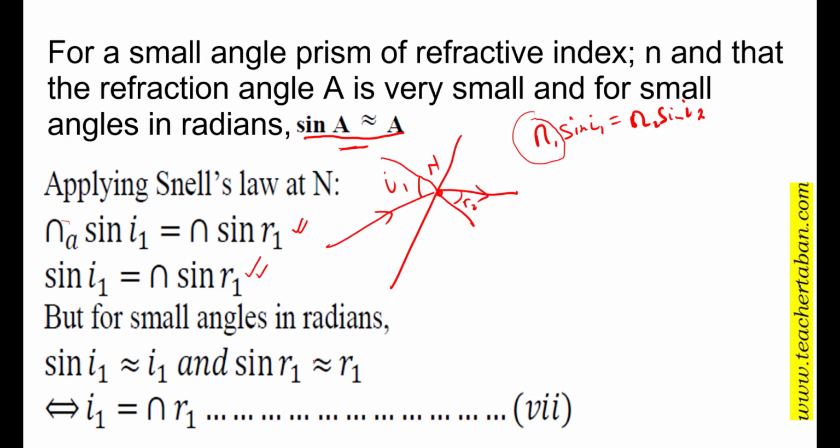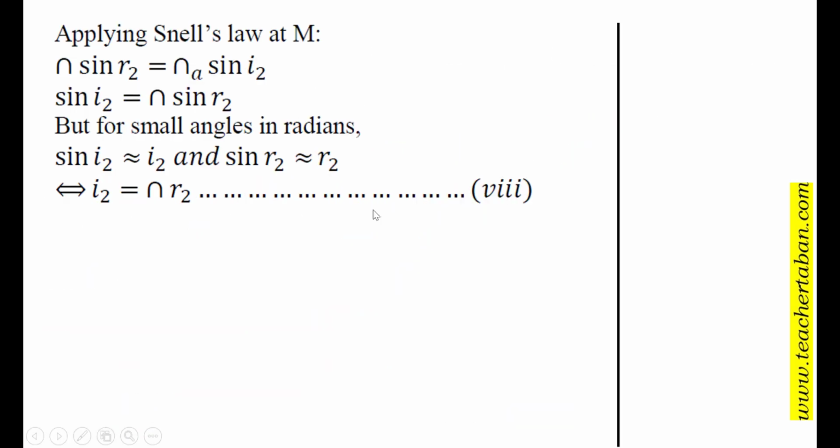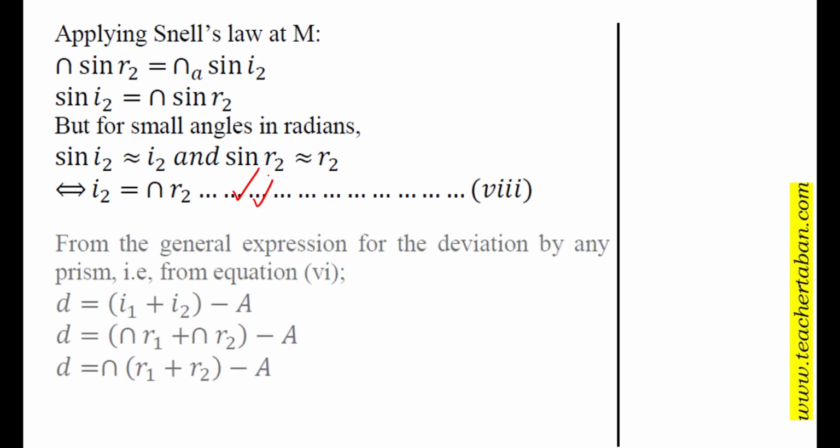And for small angles in radians, we just say that sine I1 is approximately equal to I1. Sine R1 is approximately equal to R1. So which means therefore that for small angle prisms, I1 is equal to N R1. And still applying the same at M, we shall end up with I2 equals N R2.